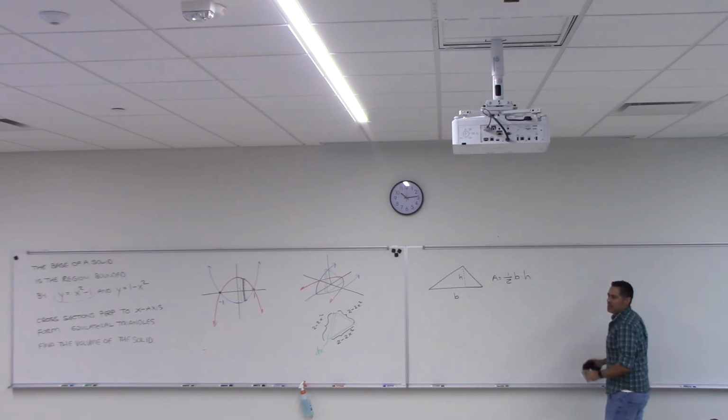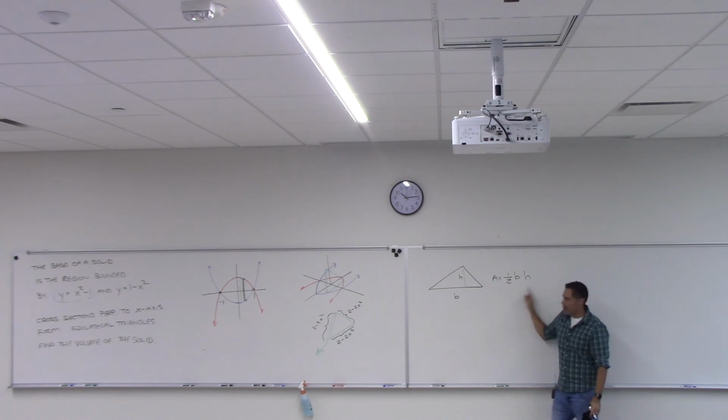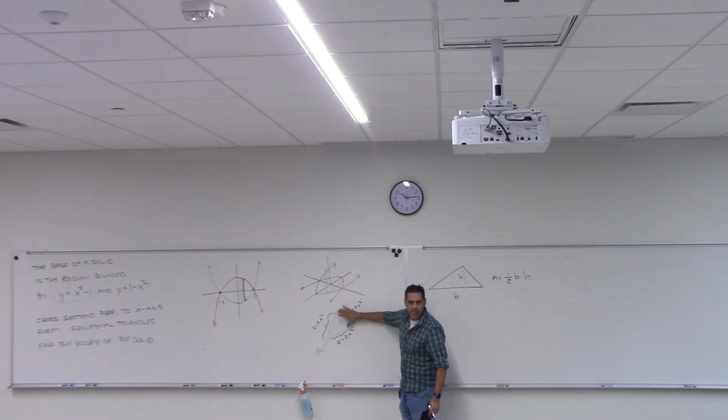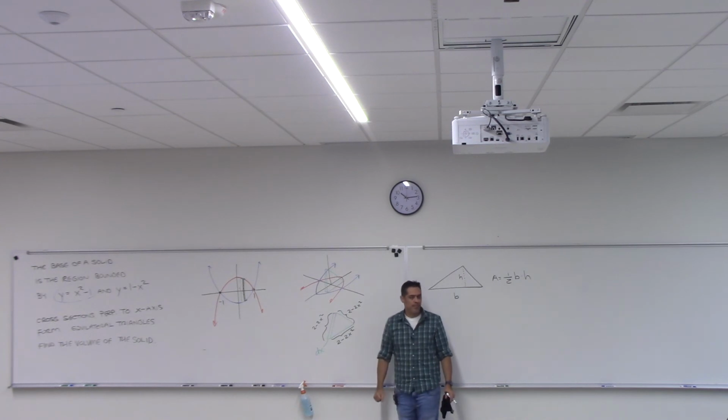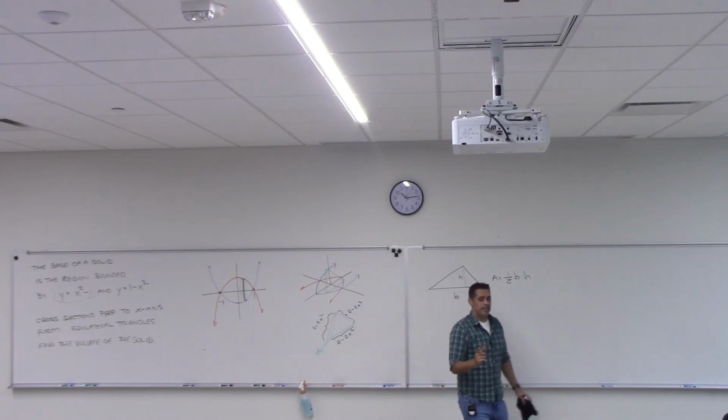But the drawback to that formula is that it requires you have the base and the height, right? We have the base, don't we? Do we have the height of this triangle? We do not, right? The height would be the distance from the base to that top edge. That's not this, right? It's that one right there. We don't have it. Could we find it?